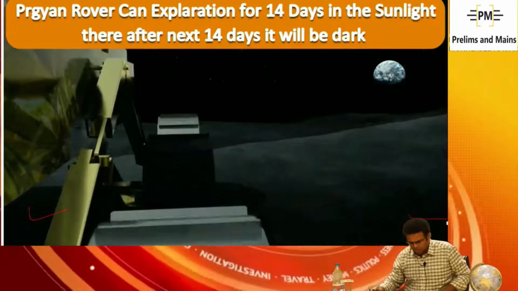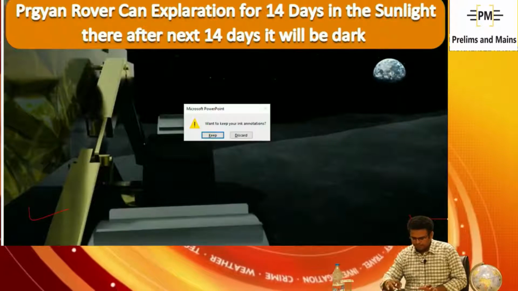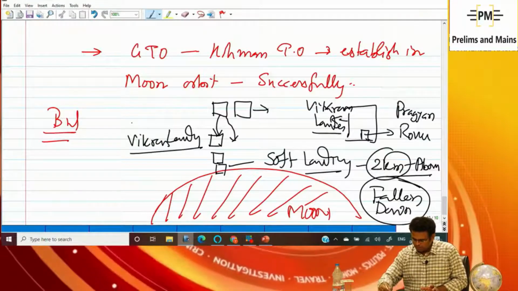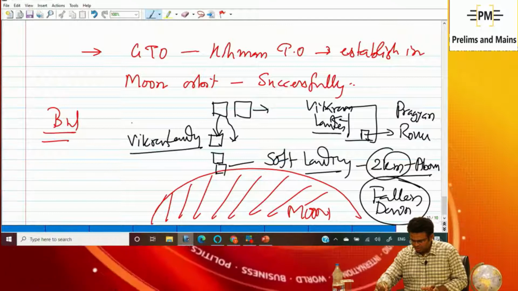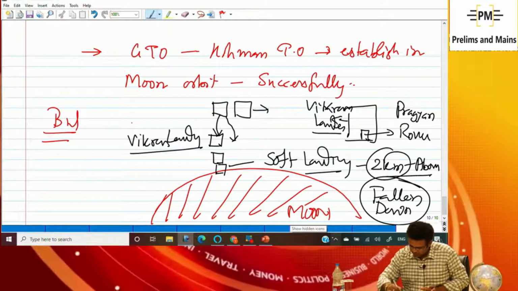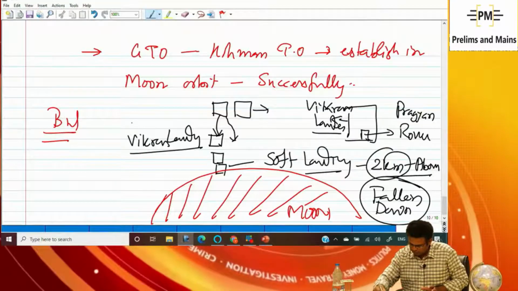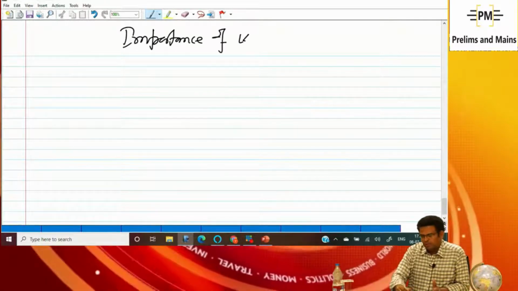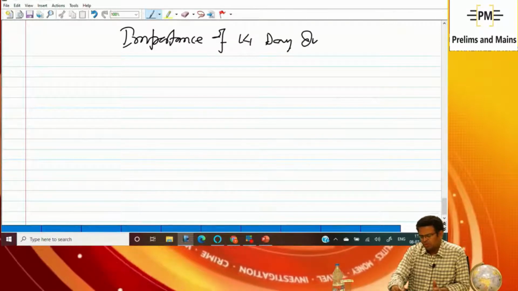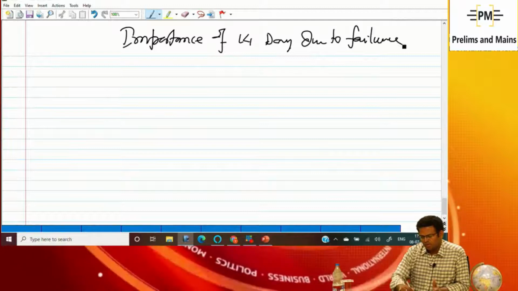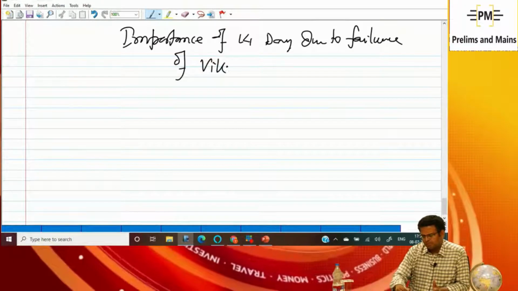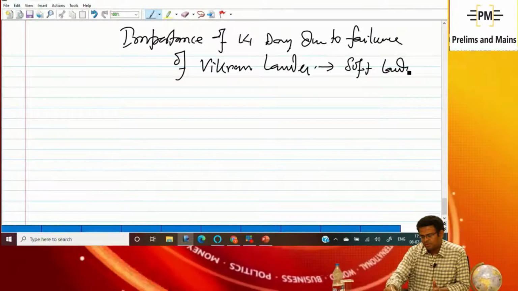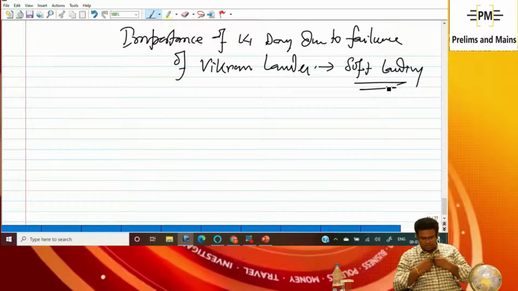Now we are going to see the importance of 14 days due to the failure of the soft landing of the Vikram lander.